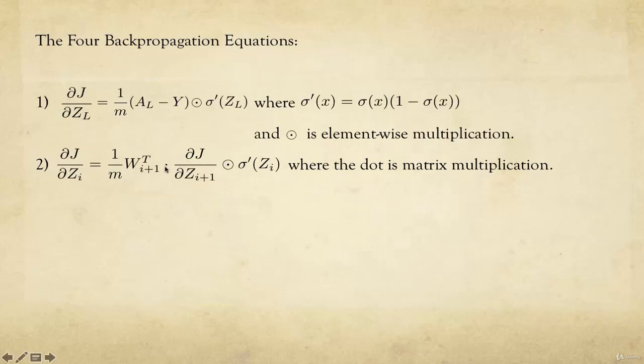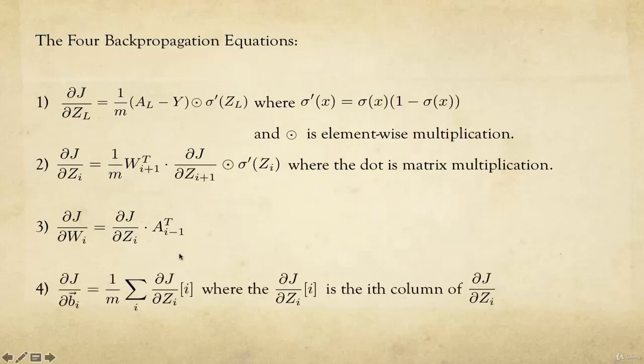The regular dot represents matrix multiplication. Equation 3 says that if I know dJ/dZi, then that can help me find dJ/dWi. Again, this T is transpose. And finally, if I know dJ/dZi, that can help me find dJ/dbi.